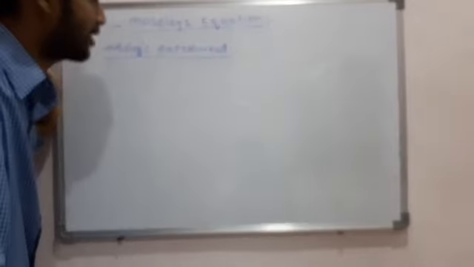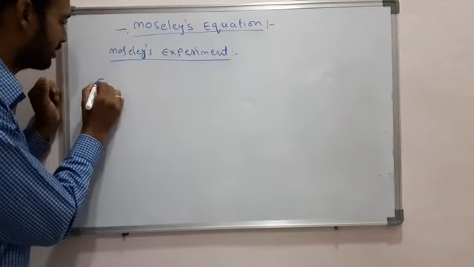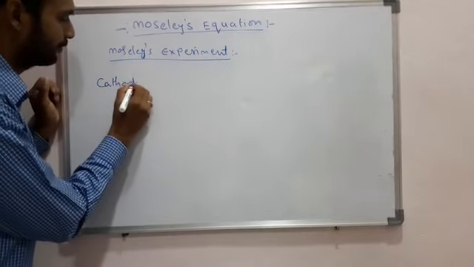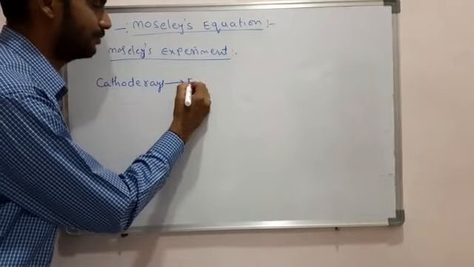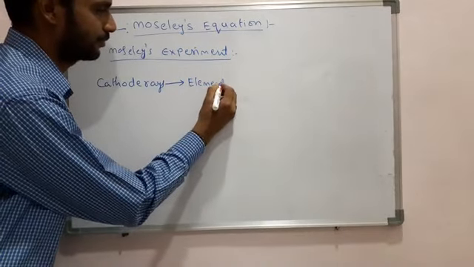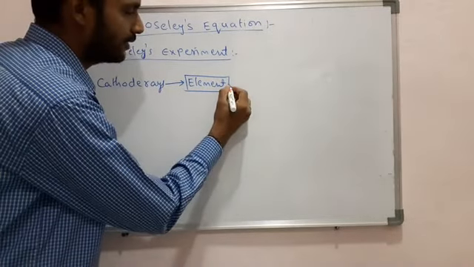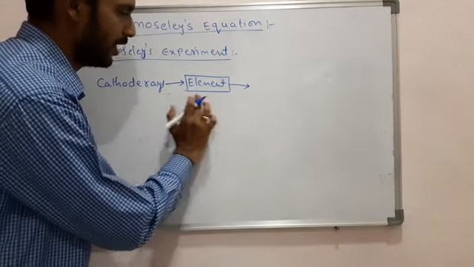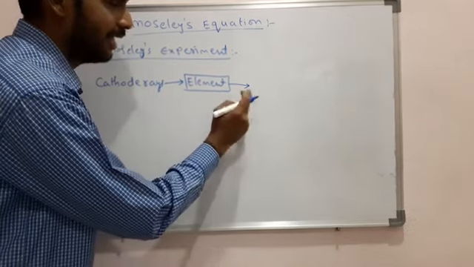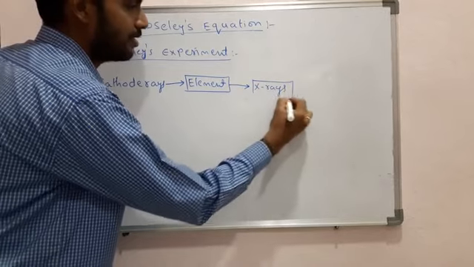Now we see Moseley's experiment. What was it? He passed cathode rays on the elements, and by the passage of cathode rays into the elements, they emitted X-rays.